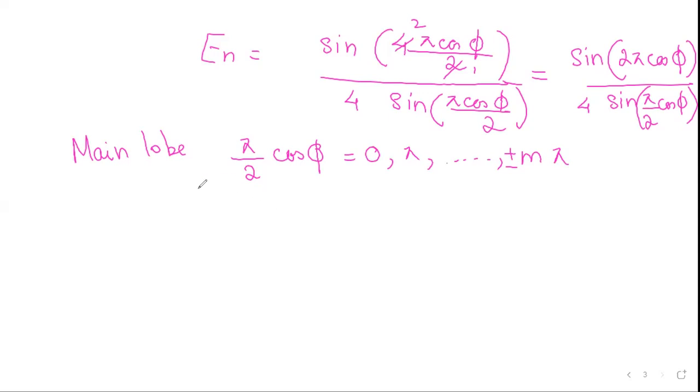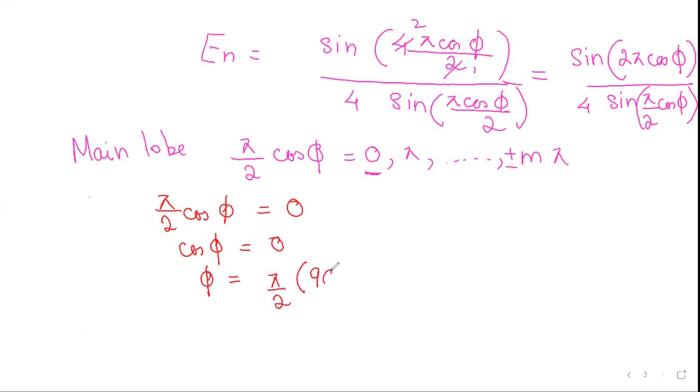Okay, now let us take the first case wherein we say that pi by 2 cos phi is equal to 0. Now, when it is 0, that means my cos phi is 0. That means my phi should be pi by 2 radians or 90 degrees.